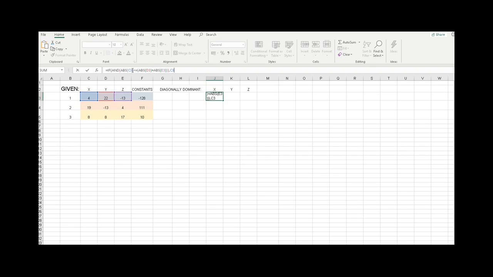And if that is true, that is greater than or equal to the sum of the two, then what would show in this cell here is C3. C3 would be 4. But in this case, that's not true, since 4 is not greater than or equal to the absolute value sum of these two here.